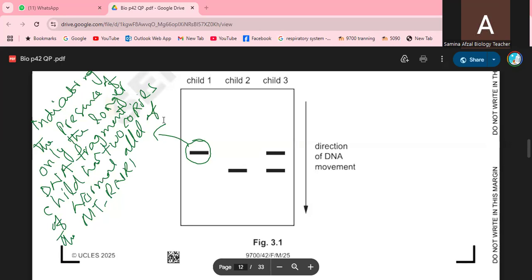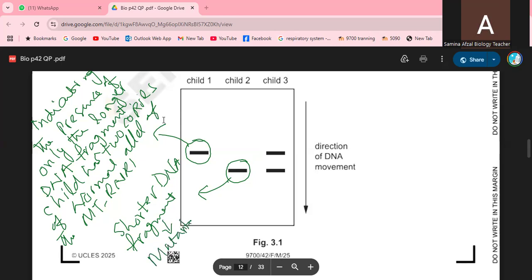On the other hand, child 2 shows a single band at the bottom. So it indicates the presence of only the shorter DNA fragment. Shorter DNA fragment means mutant, it corresponds to the mutant allele.